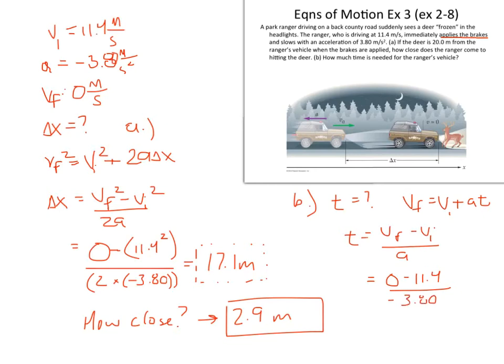And again, it's a good thing that that's negative because you can't have negative time. That numerator would have given us a negative time, but since the denominator is negative, the time winds up being positive. So what is 11.4 divided by 3.80 since the negatives go away? I get 3. T equals 3 seconds. And that's the final answer.